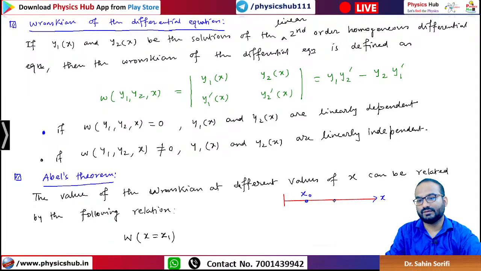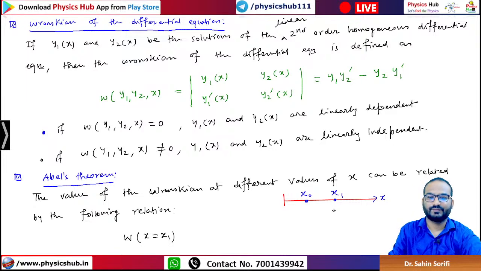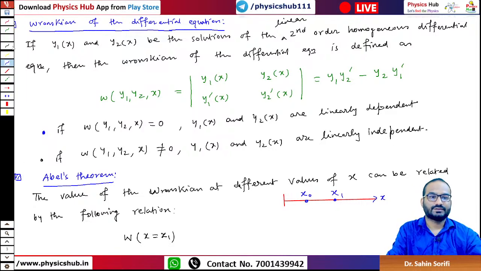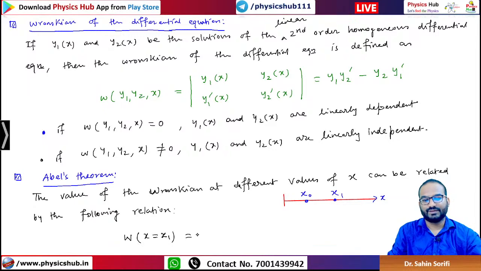You can find out the value at some other point x1, maybe left or right, anywhere. So W at x equals x1 will be W at x equals x naught, the initial point where you know the value of the Wronskian, times exponential minus integration from x naught to x1 of p of x dx.